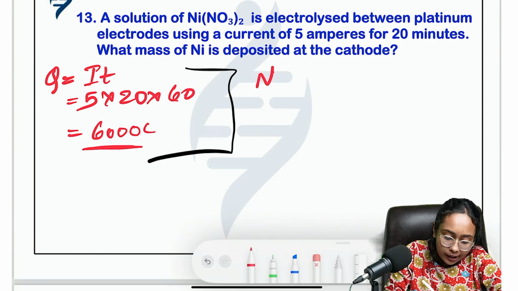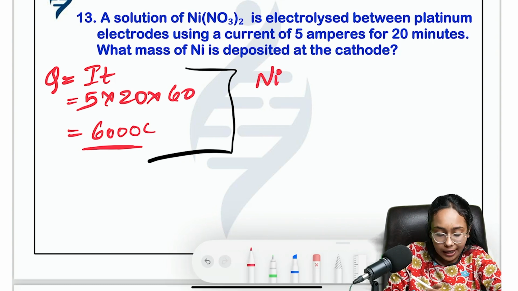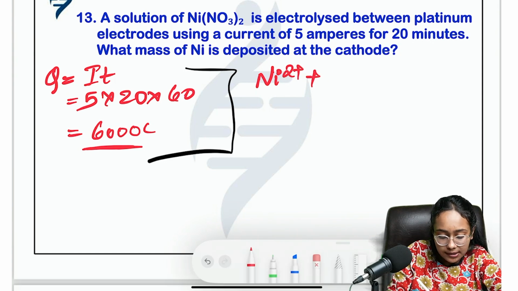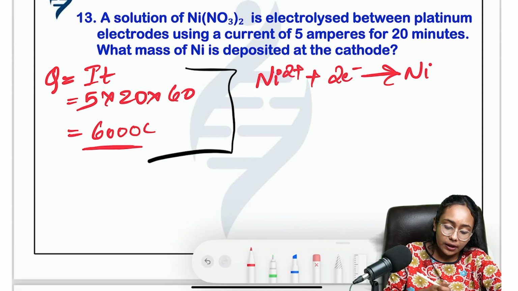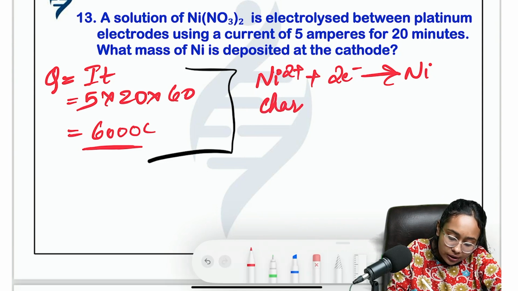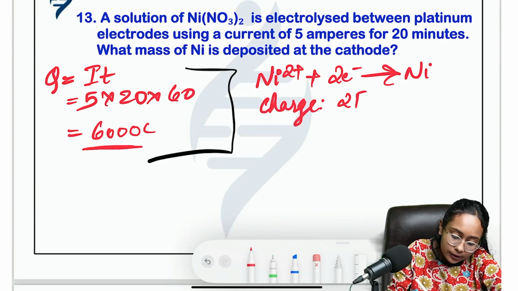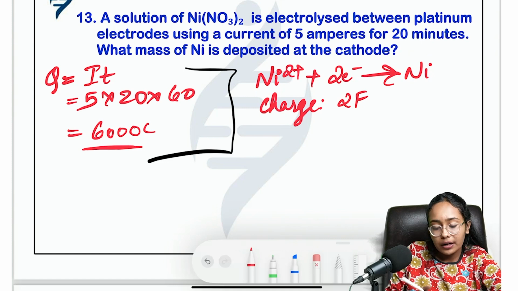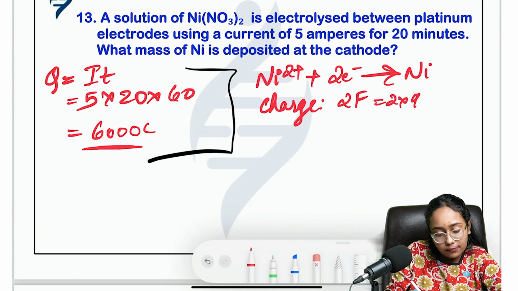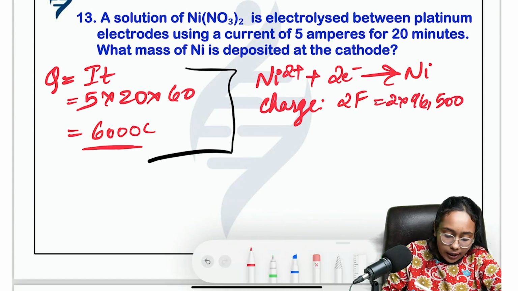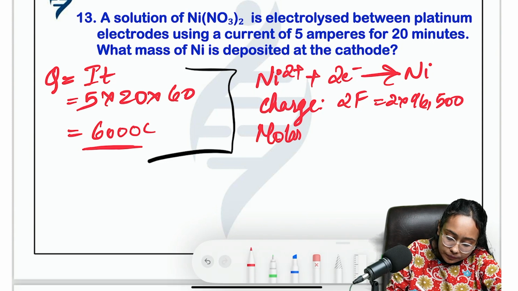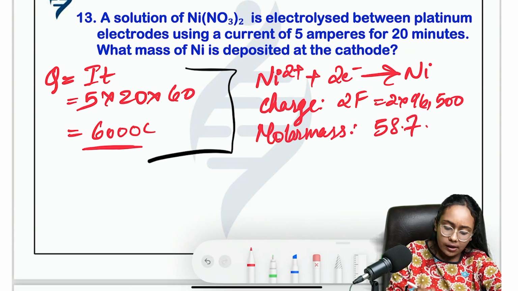What is happening to nickel actually? Nickel is getting reduced at cathode. Ni2+, when accepting 2 electrons, gets reduced to Ni. So the total charge here is 2 farad, 2 into 96500. And the molar mass of nickel is 58.7.